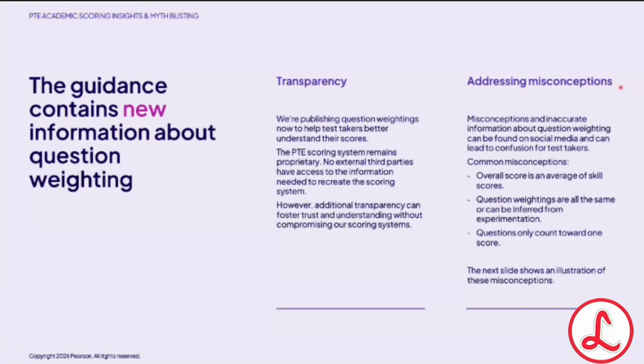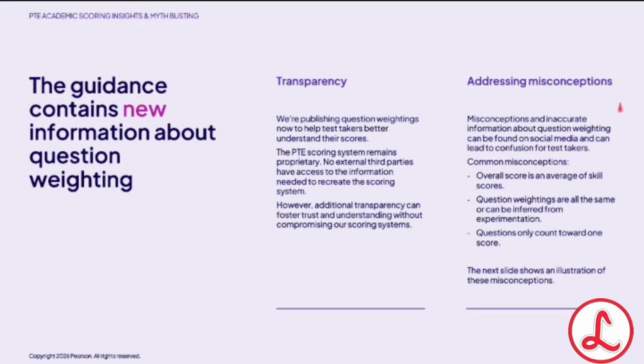That's not the case. We actually are happy to release this information. I think it's been surprising to see how many people have been creating their own versions of this online. We wanted to make sure we got the official information out to everybody. So if you ever have a question about how question types are weighted, you'll be able to refer to this document to see the official information about that.